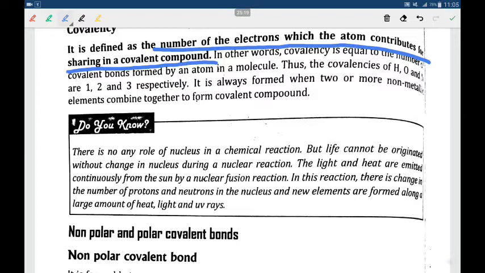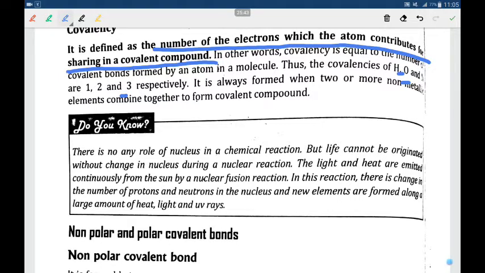For example, we have noticed hydrogen contributes 1 electron, or nitrogen shares 3 electrons. It means accordingly we have to mark it. Okay, covalency.